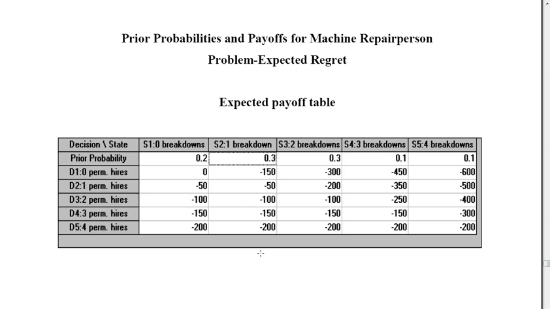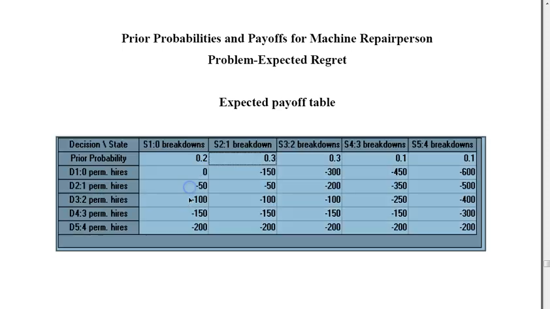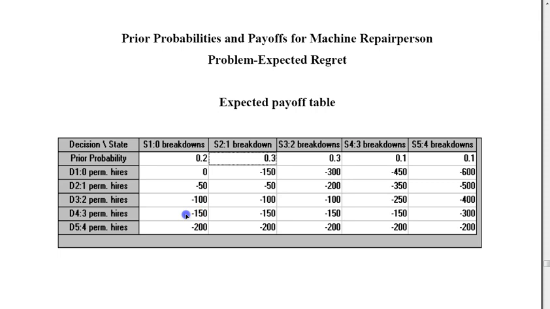Now we're going to change this table into a regret table first, and we know that if there are zero machine breakdowns, the best decision I can do is to have zero hires, so that would be my zero regret. And I can get those regrets here by taking 0 minus negative 50, minus negative 100, minus negative 150, and so on.